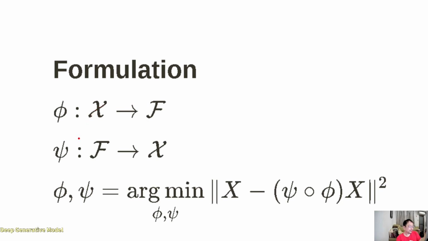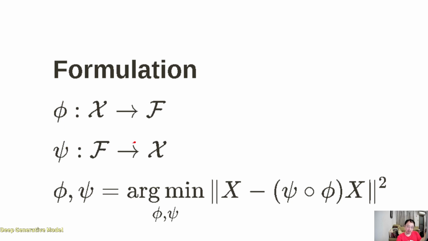And then this is the encoder, this is the decoder. Also the decoder here is from f to x. So this is an autoencoder if we consider the pair of encoder and decoder.